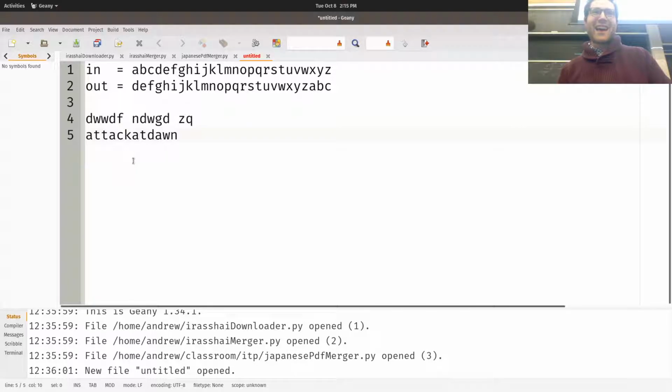So anyway, this was the height of encryption for a while until we hit the Civil War, which brought the Vigenere cipher. The issue with the Caesarian cipher is that there are only 26 possible combinations.